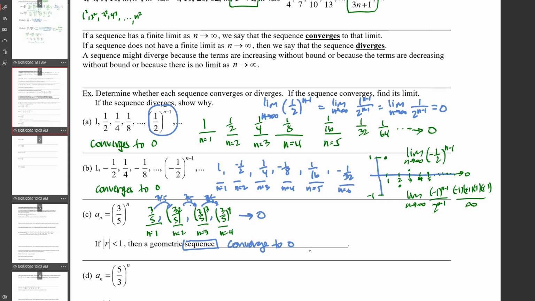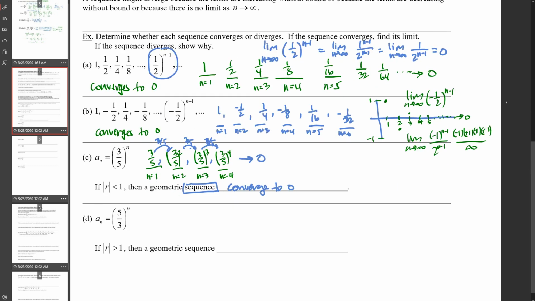Well, if I have 5/3 raised to the n, what I'm doing is I'm multiplying by 5/3 each time, right? So let's look at this problem. This would be 5/3 in the first blank, okay? Then 5/3 squared in the second blank. Then 5/3 raised to a third in this third blank.